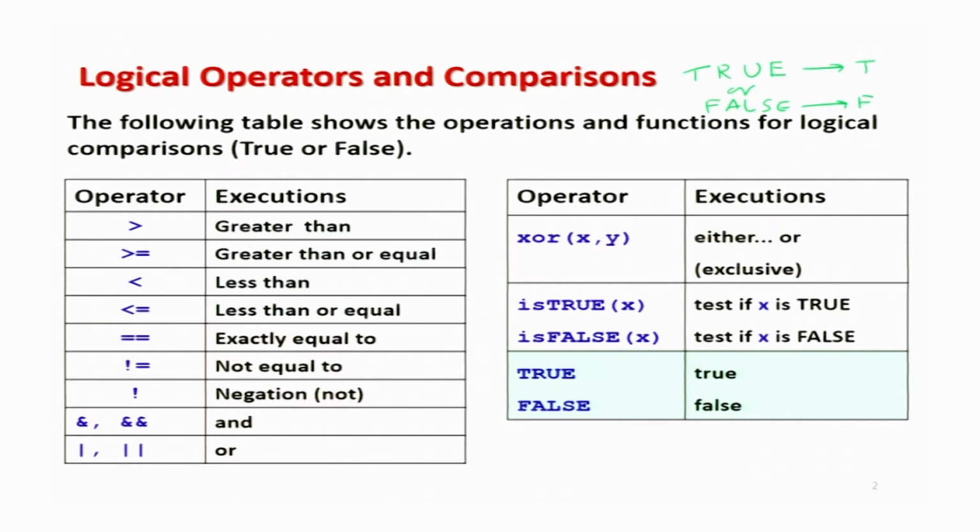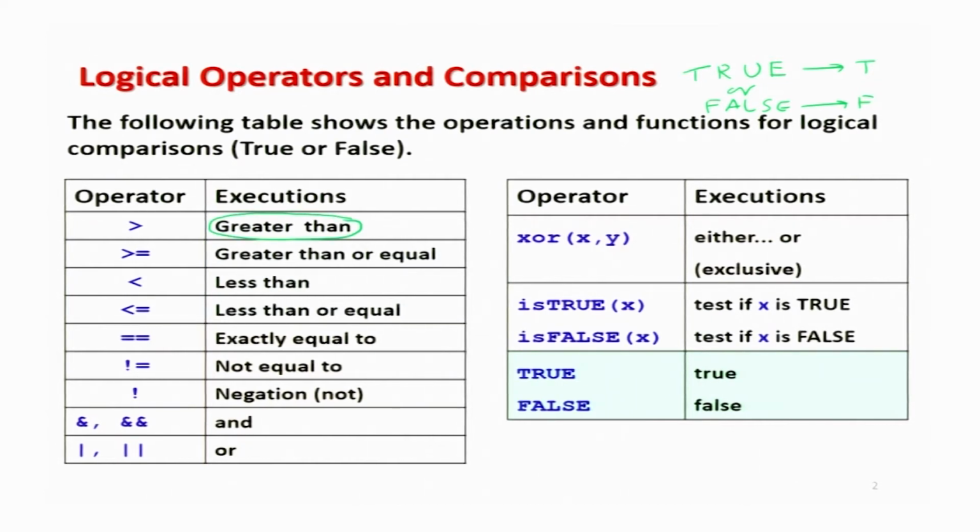So, we have different types of logical operators. First let me explain what these operators are and what their corresponding operators in the R software are. When I want to compare something, we have two options, whether the value is greater than or less than.